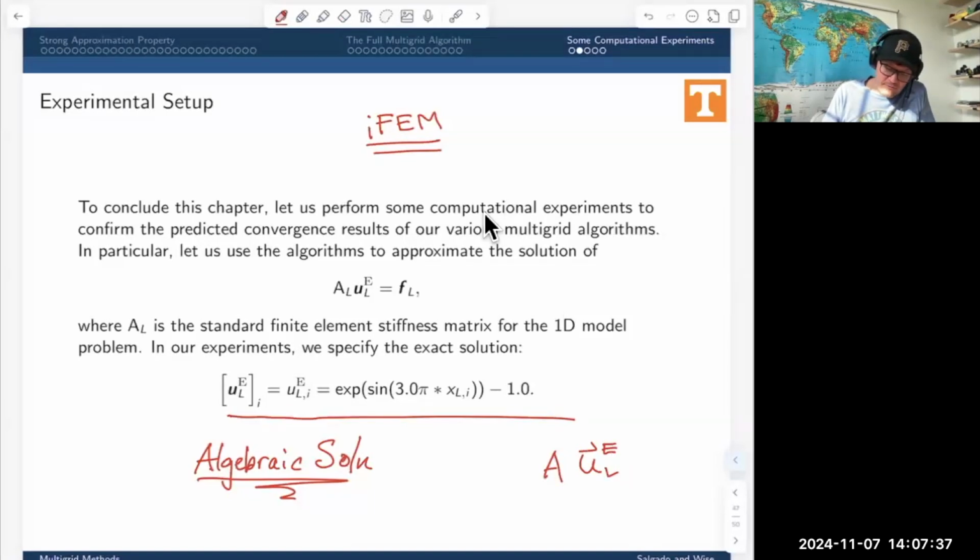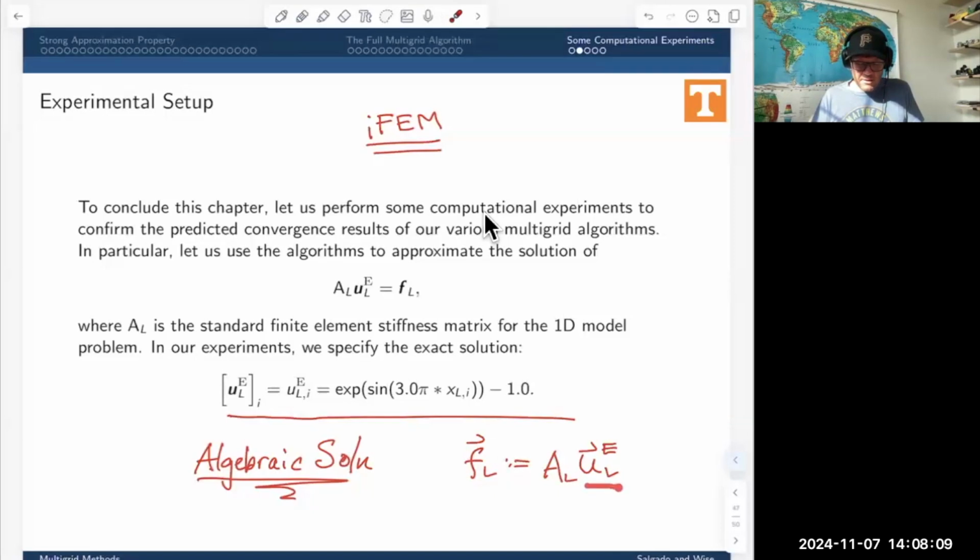No, not by the inverse. Just multiply by A on the left, and then we're going to set this guy equal to that. No inverse required. I don't know why I was saying that. So just multiply by the stiffness matrix, and then we get the forcing vector that is associated to this. But the order here is important because when we're testing our solver, we want to have a true solution to see how good we are relative to baseline. So get this first, multiply by the stiffness matrix, and then we have our forcing vector.